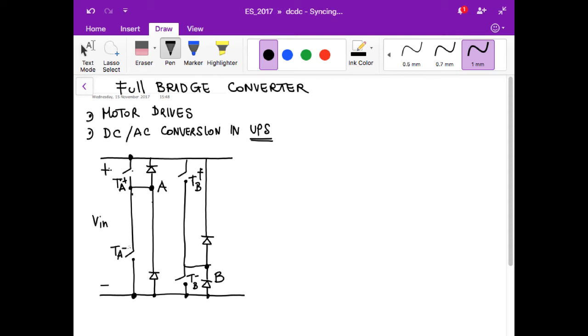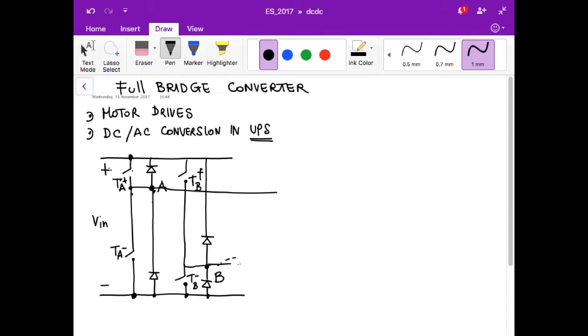These switches are typically realized, like all the other switches, with N-type MOSFETs, which can be in linear mode, in which they behave as a closed switch, or in cutoff, in which they behave as an off switch.